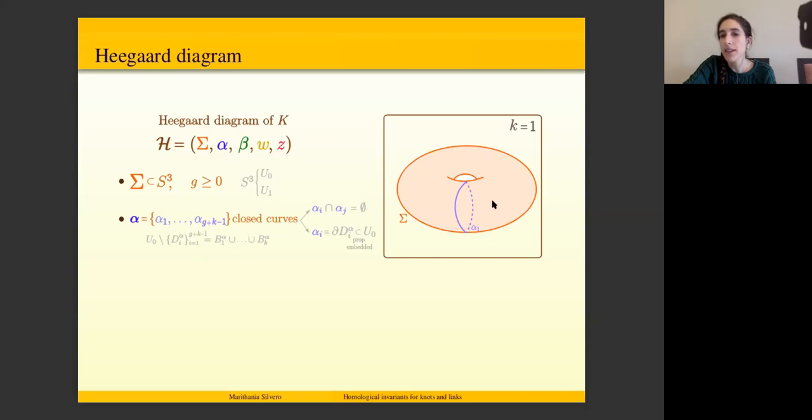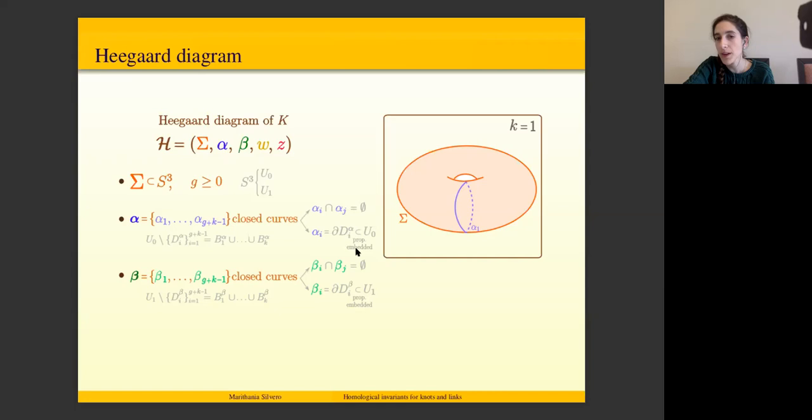Alpha 1 is the boundary of the meridian disk of the torus, okay? And this is properly embedded in U0. And I have one ball here. This is B1, okay?